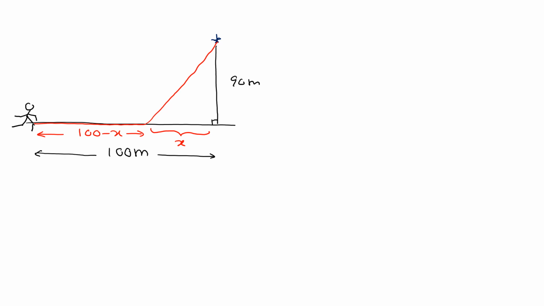Now from geometry, from the Pythagorean identity, the length of the hypotenuse you can write as the square root of x squared plus 90 squared. And then we also know the speeds. He can run with 120 meters per minute, and he can swim 30 meters per minute.